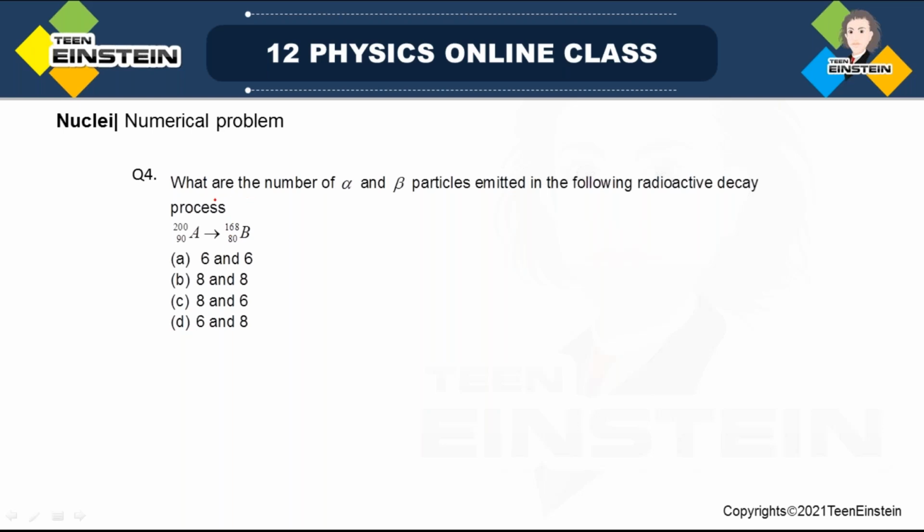What are the number of alpha and beta particles emitted in the following radioactive decay process? Okay, so the following process I'll write in a bigger font.